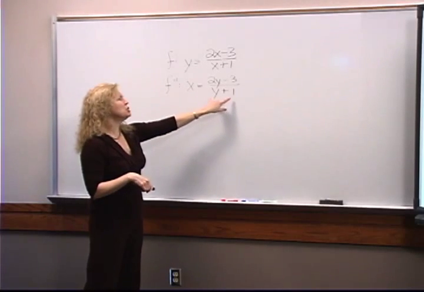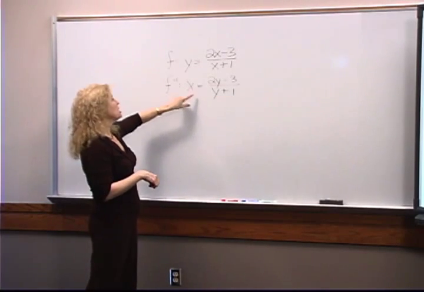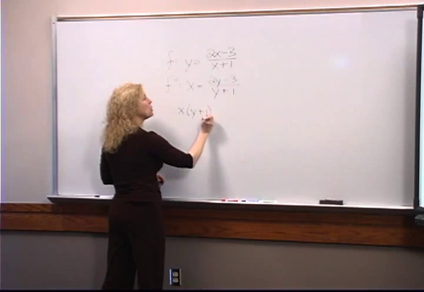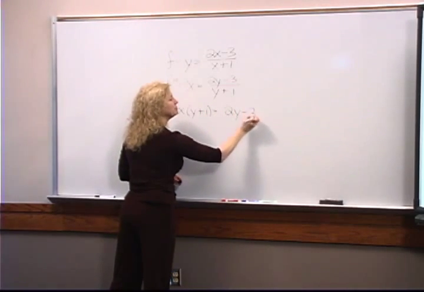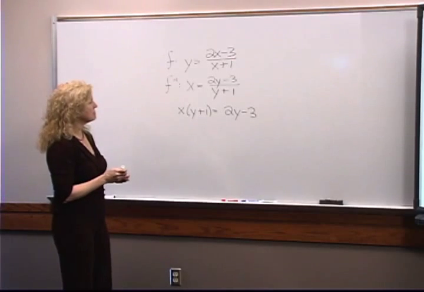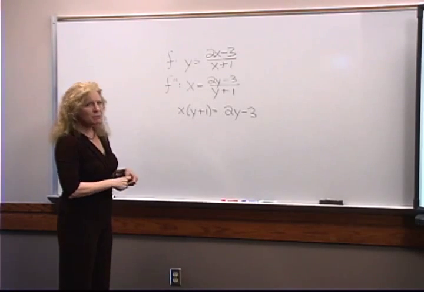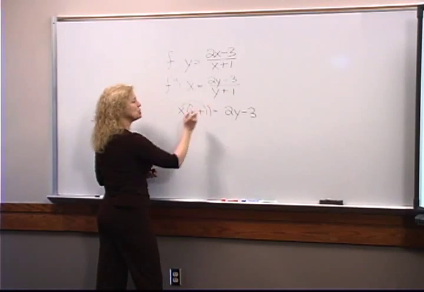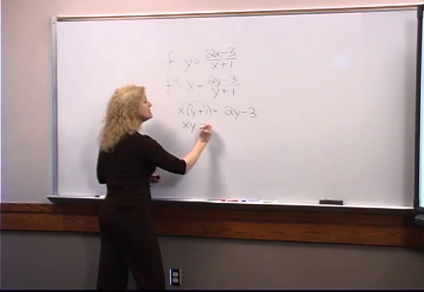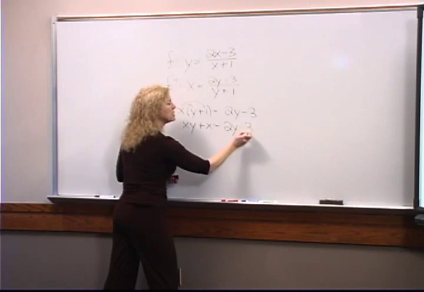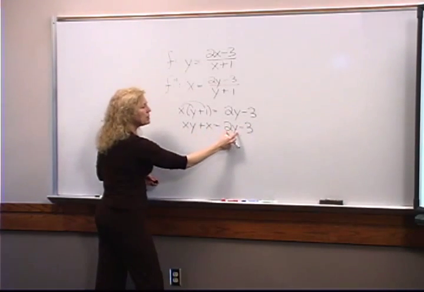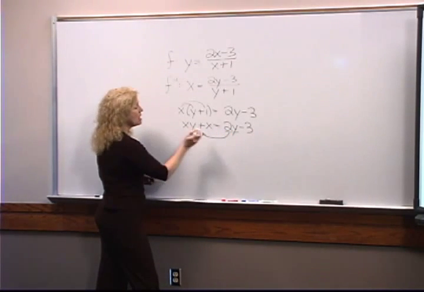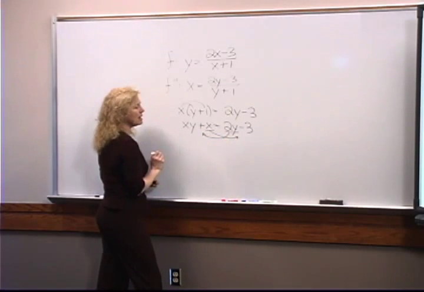Because now we have to solve this for y. Well, the first thing we're going to do is multiply this y plus 1 over to the other side. So we would have x times y plus 1 is equal to 2y minus 3. Okay? Now, ultimately, I need to get the y's by themselves, so I'm going to distribute this x through over here: xy plus x equals 2y minus 3. I want all the y's on the left, so I'm going to take this term over to the other side.